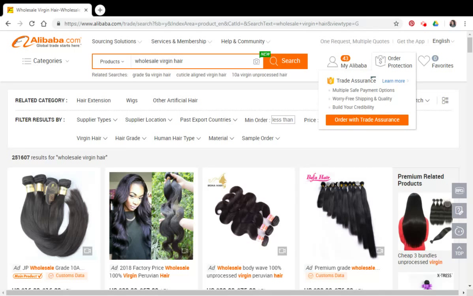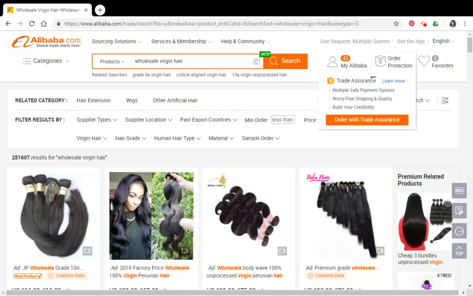On Alibaba.com, sometimes they call it a supplier, sometimes they call it a manufacturer. It is the same thing in this case. I prefer to focus on those types of vendors instead of the other type, traders.